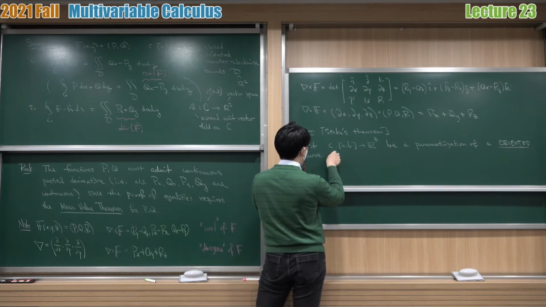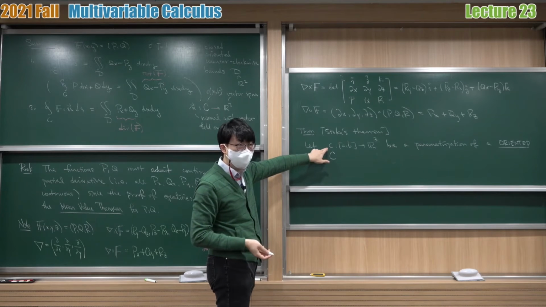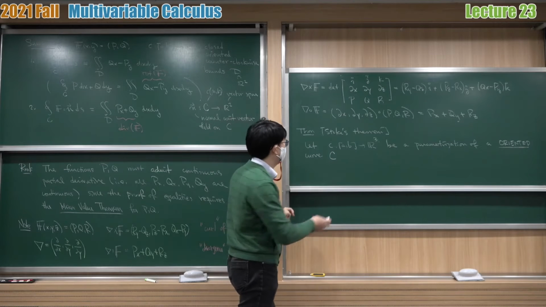I'm going to call this curve a capital C. So this parametrization is a small c, and this curve as a set is a large C.